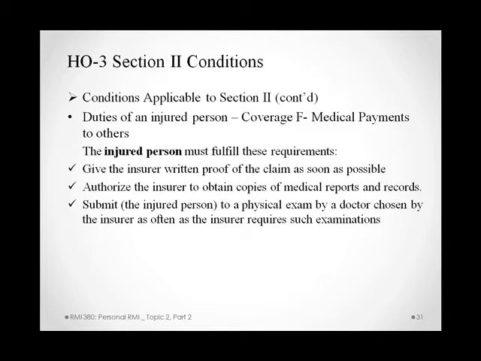The injured person, however, must still fulfill requirements such as giving the insurance company written proof of the claim as soon as possible, authorizing the insurance company to obtain copies of medical reports and records, and submitting to a physical exam by a doctor as often as the insurer requires. All of these conditions are there to ensure that there is no moral hazard problem, so the injured person is not trying to get money from the insurance company based on something that he did not suffer.